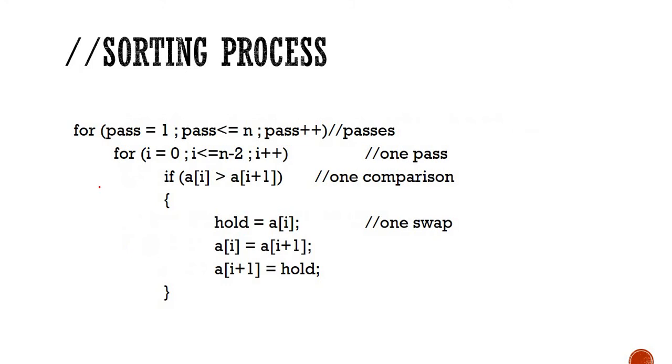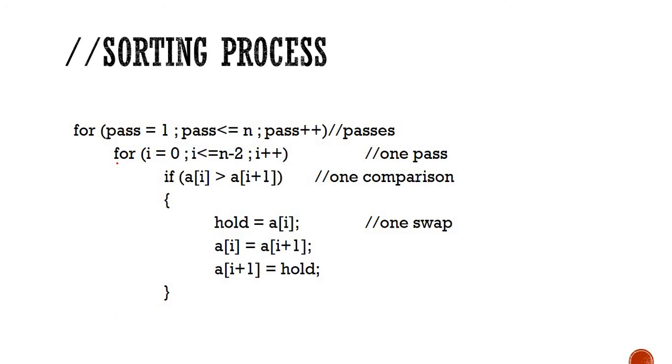Okay, we move to the next steps. This is the process, the sorting process begins. The outer for loop is the pass, we need to control the comparison cycle.